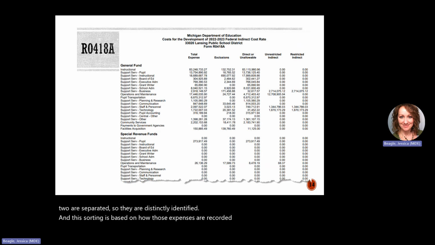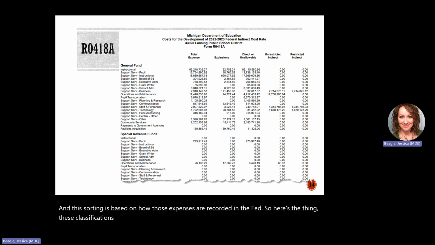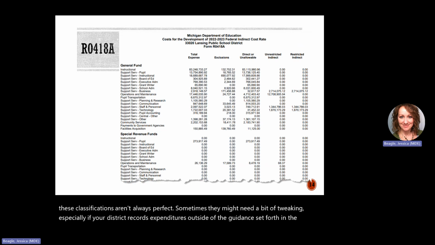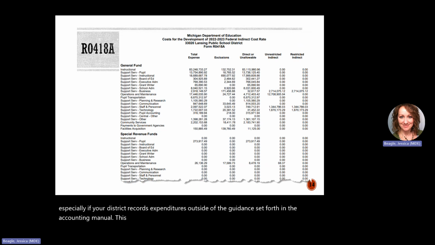So here's the thing. These classifications aren't always perfect. Sometimes they might need a bit of tweaking, especially if your district records expenditures outside of the guidance set forth in the accounting manual. This is where we may need the district to manually adjust or reclassify expenditures.